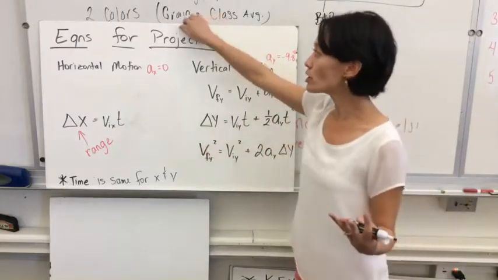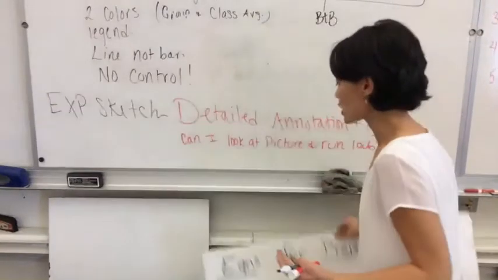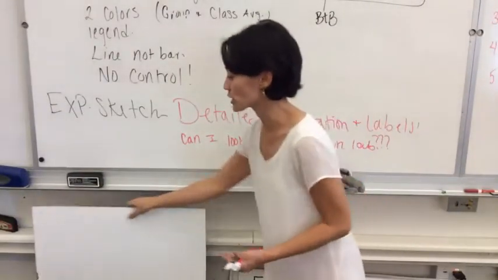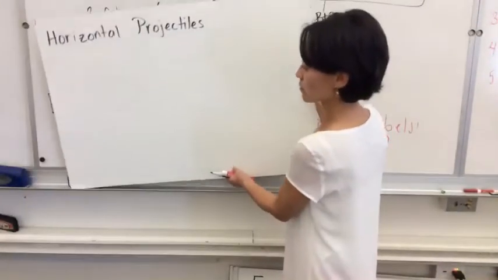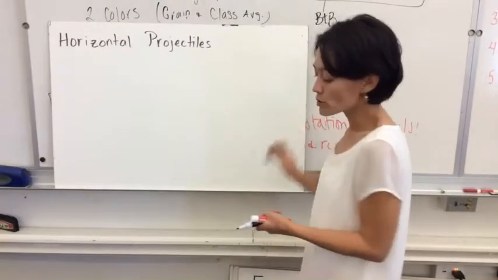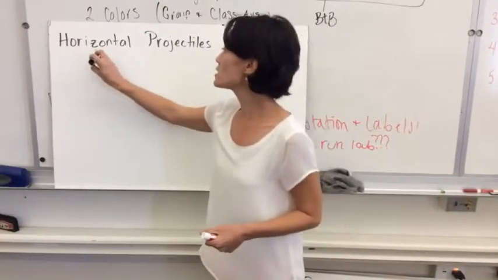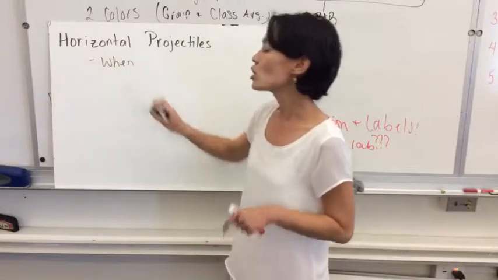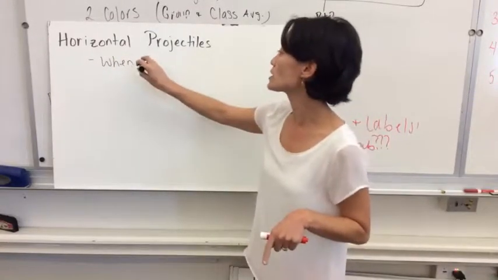What we're going to do first is study a particular type of projectile called a horizontal projectile. And what distinguishes a horizontal projectile is this is when an object is released with only a horizontal velocity.